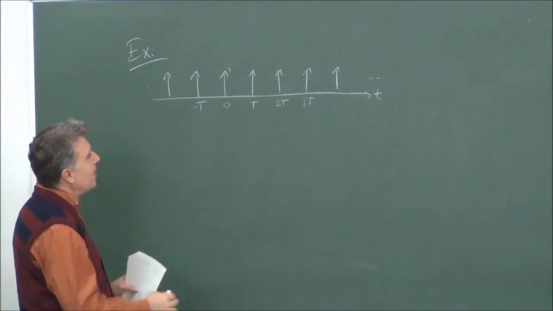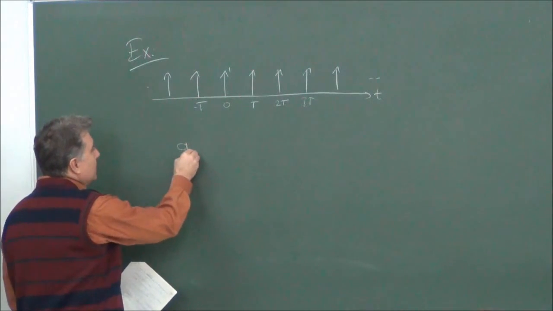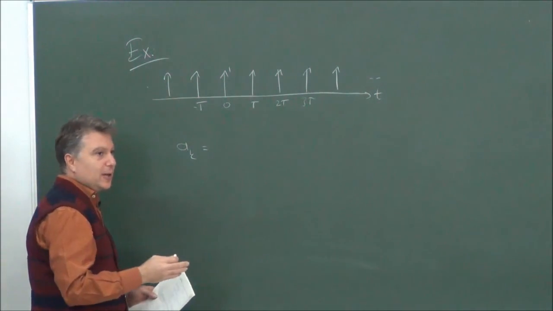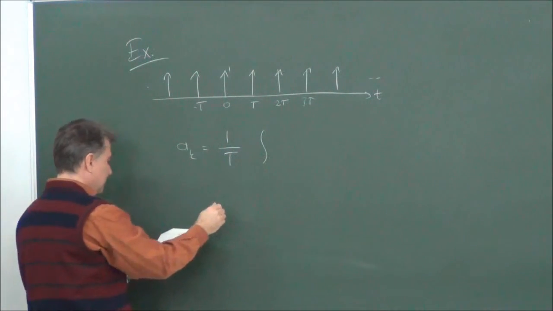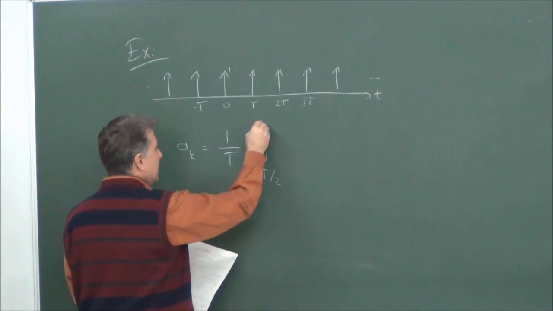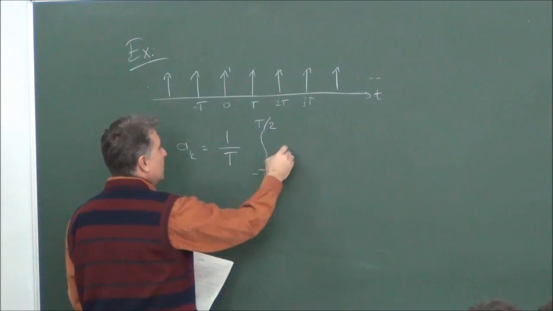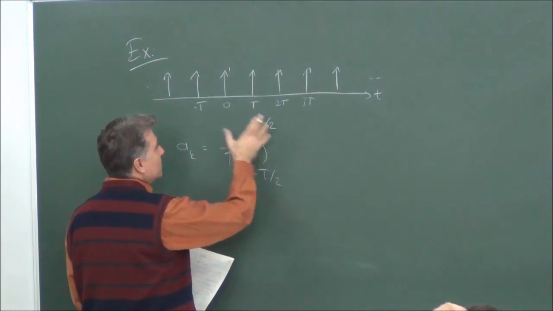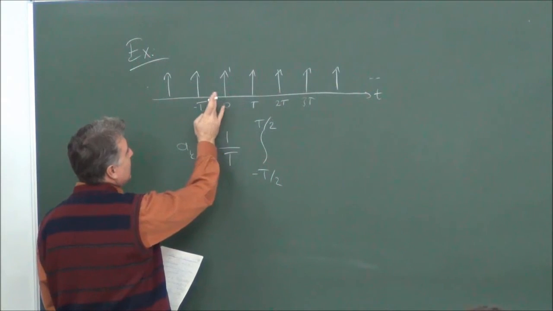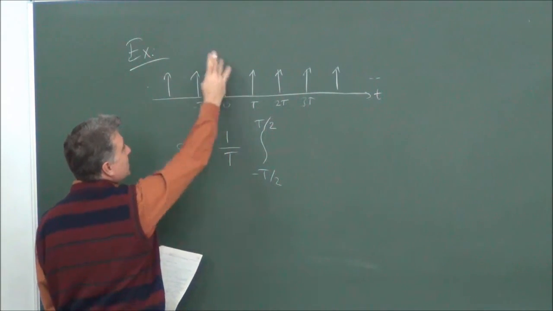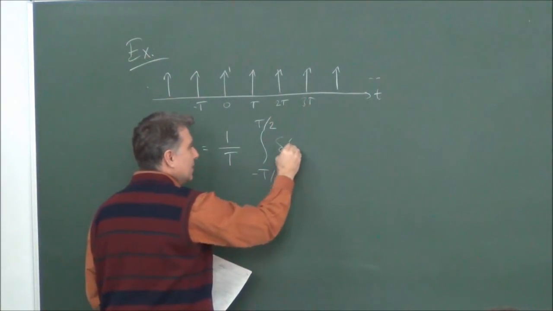We must find the Fourier series coefficient expression. And in fact, when you evaluate from the formula, it's very easy to come up with a reasonable expression of a_k. Into here we must write x(t) within this period from minus T over 2 to T over 2. So what is the expression of x(t) within there? That is delta(t), right?